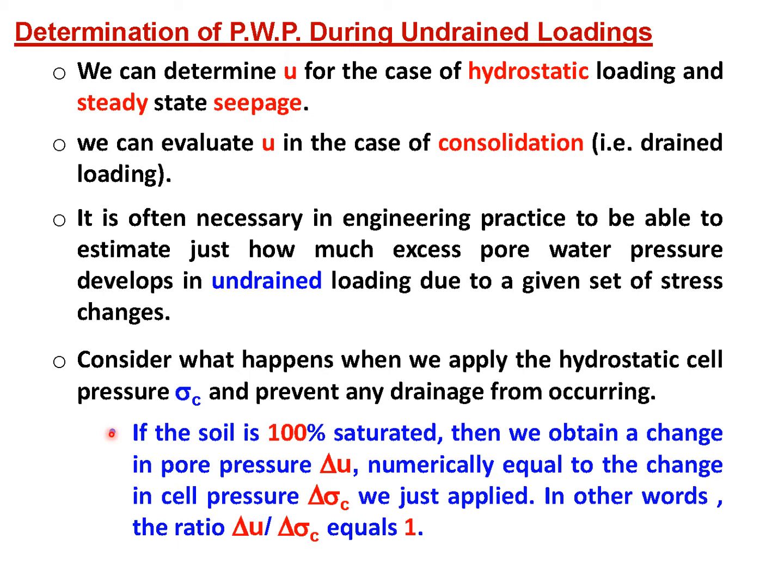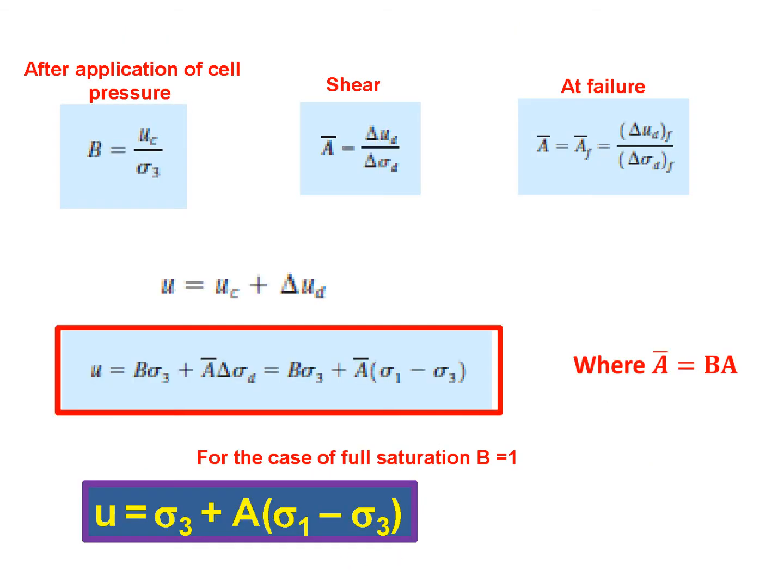In other words, the ratio delta U over delta sigma c equals 1. So after application of cell pressure, B is equal to U sub c over sigma 3.